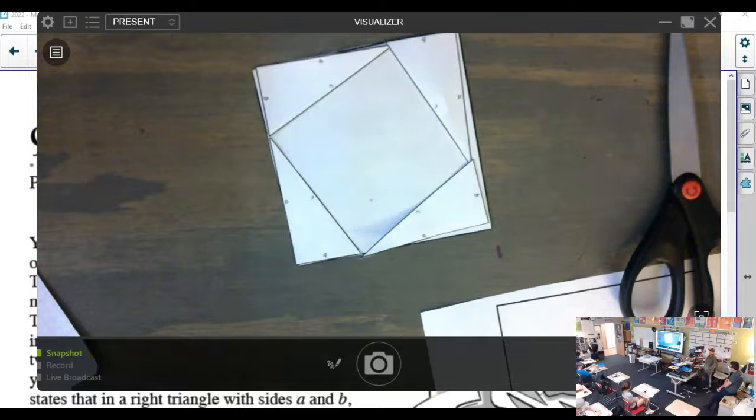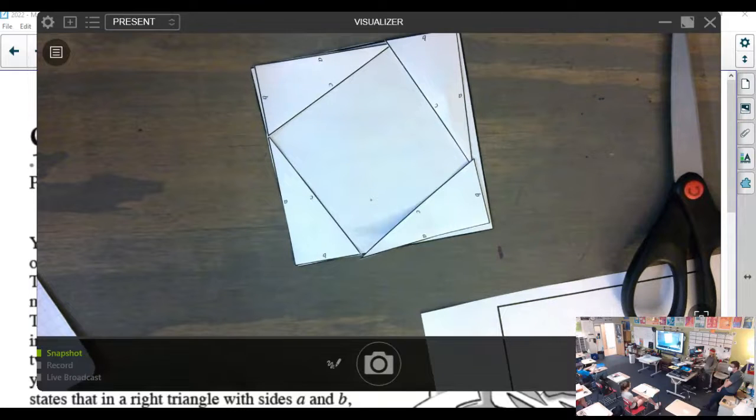So A squared. There's A on each side. To get the area of a square, you have to multiply the length of the two sides to each other. So, when there's A, okay, I hate words.